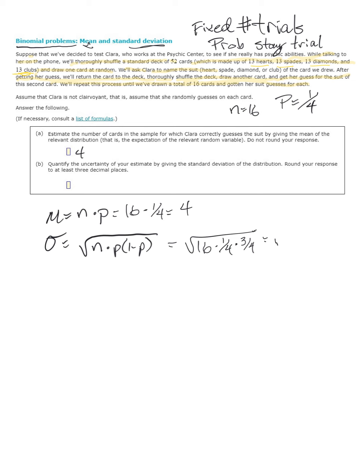So that's going to be the square root of 3, which is 1.73. That would be my standard deviation for that problem right there. All right, so the main things to remember here are these formulas, that one and that one, to find the mean and the standard deviation.